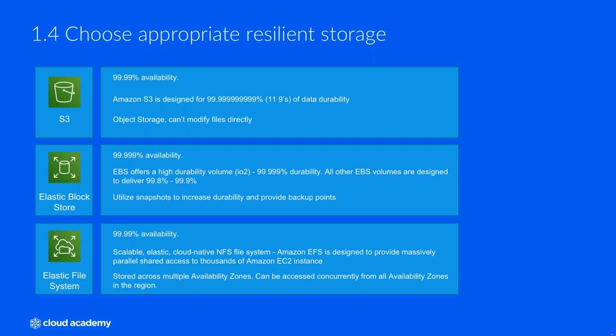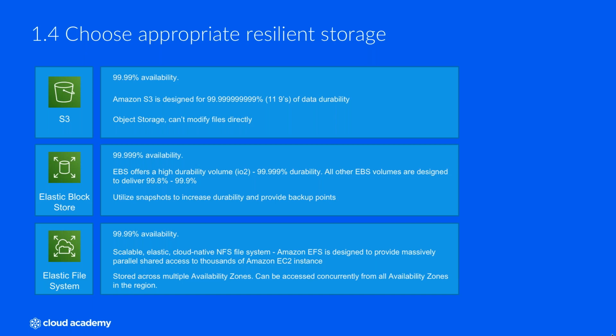I believe it's stored there. You could get the high durability volume, which dramatically adds another couple 9s to it, which is a lot. So things to think about. And also with the EBS volumes, it automatically replicates those across multiple availability zones, which helps increase the resilience of it as well.